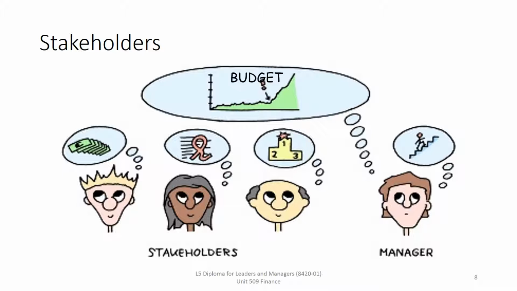For example, accounts will just be looking at the figures. Production staff may well be looking at the cost and the resources, or looking at just the work or the quality perspective. And any partners might have their own interest in just protecting themselves. You need to be aware of those different sorts of factors, because you're going to be needing to get the individual support for your budget, and you'll need to be aware of what their thoughts are.